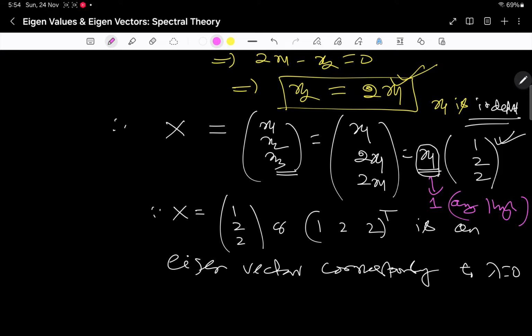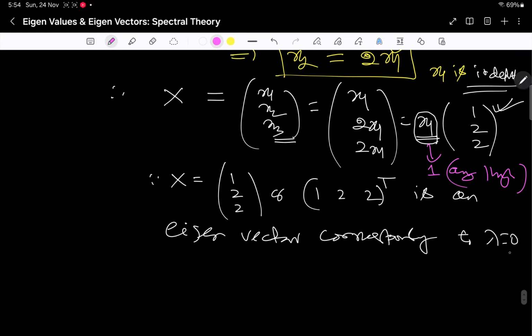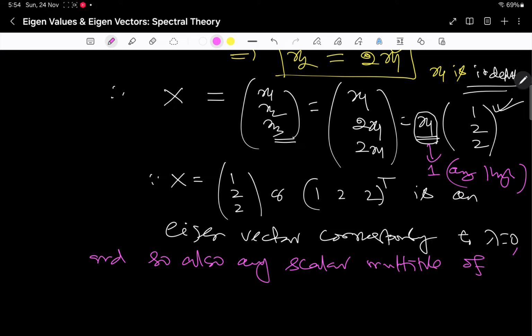Anything. Thus any scalar multiple of this, of 1 2 2 transpose, is also an eigenvector, okay? But we stick to this fundamental one.